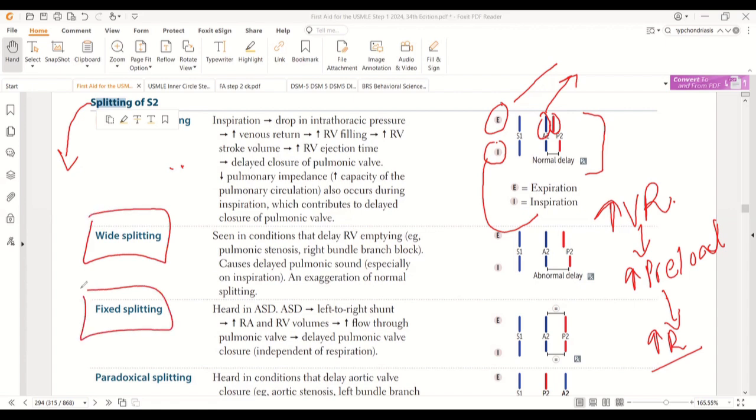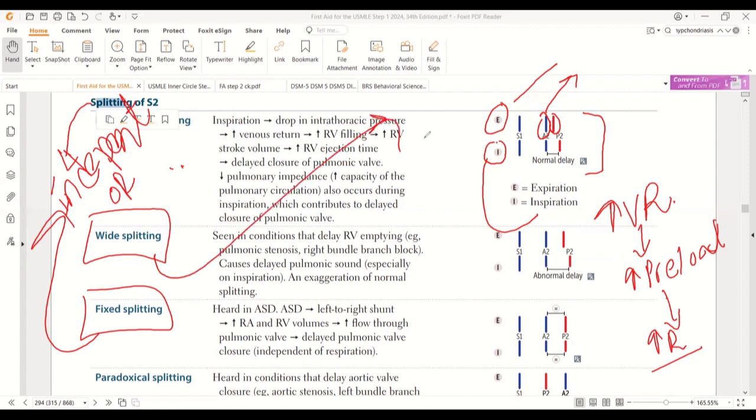Wide splitting means the exaggeration of this normal phenomenon, while fixed splitting is independent of respiration, the respiratory cycle. And wide splitting is dependent on respiration, right?